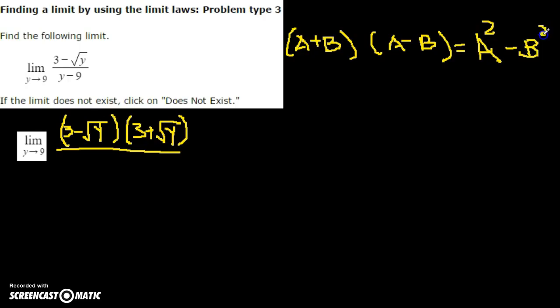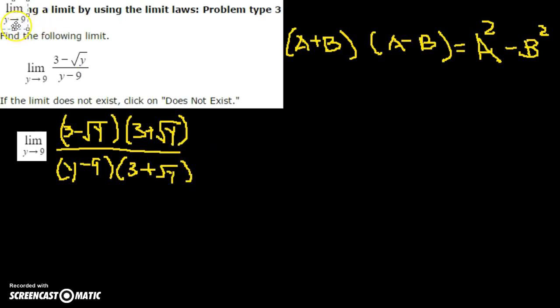So my a in this case is 3, my b is square root y. If I multiply this to my numerator, I need to also multiply this to my denominator. So I'll have y minus 9 multiplied by 3 plus square root of y.